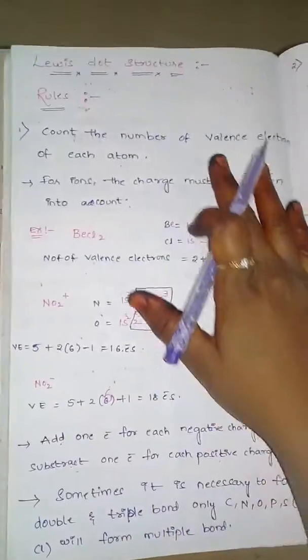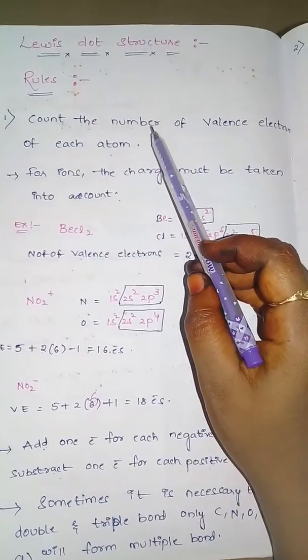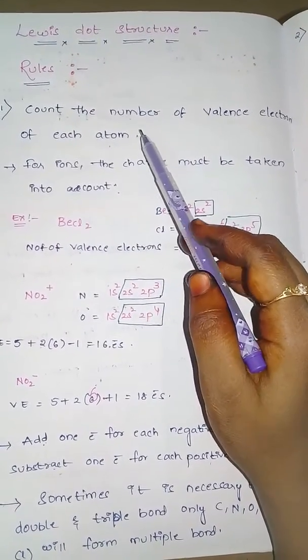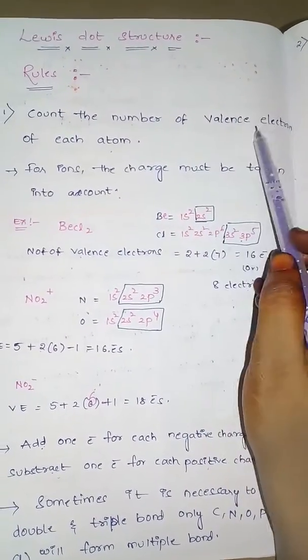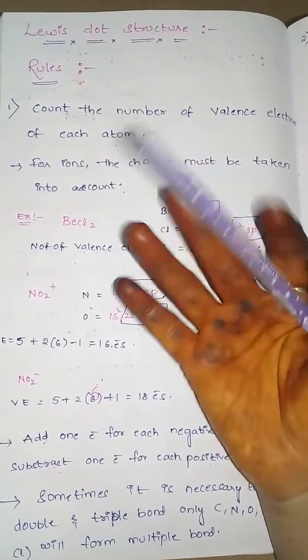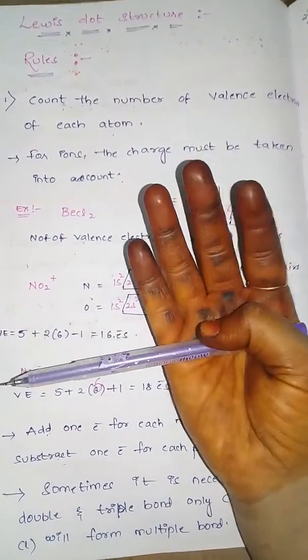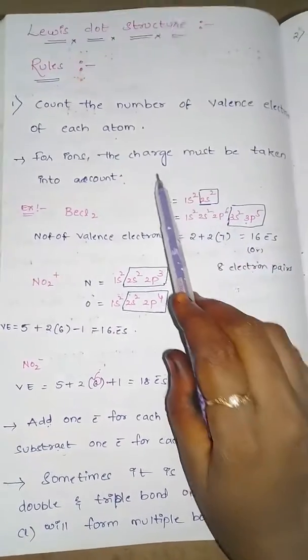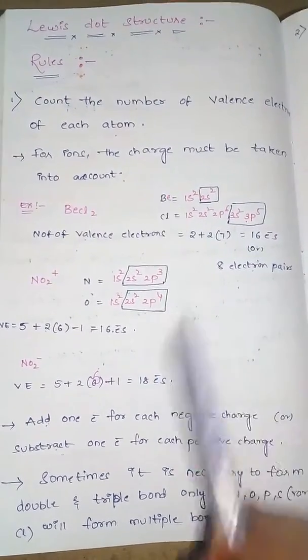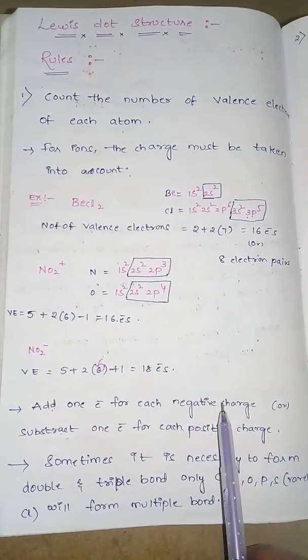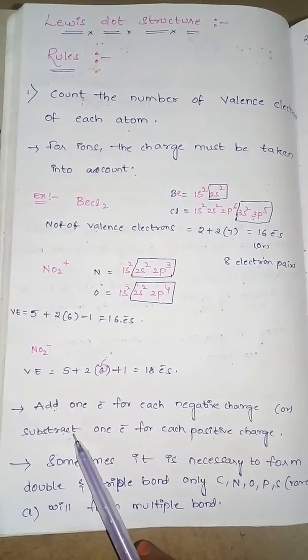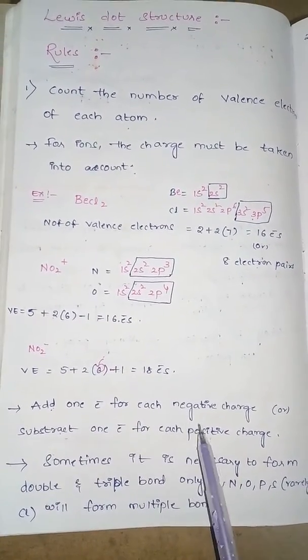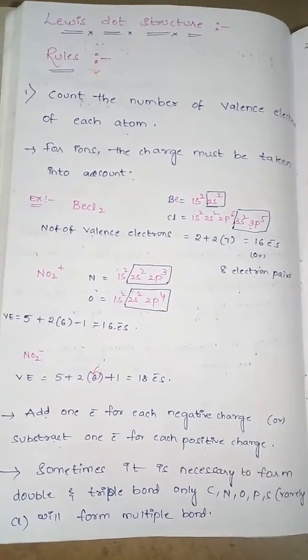Let us recap from the beginning. The first rule is to count the number of valence electrons of each atom. The second rule is that charge must be taken into account: add 1 electron for each negative charge and subtract 1 electron for each positive charge.